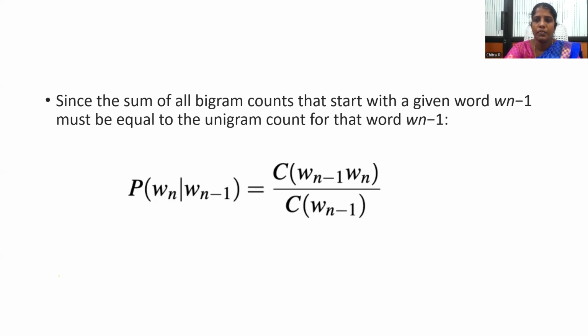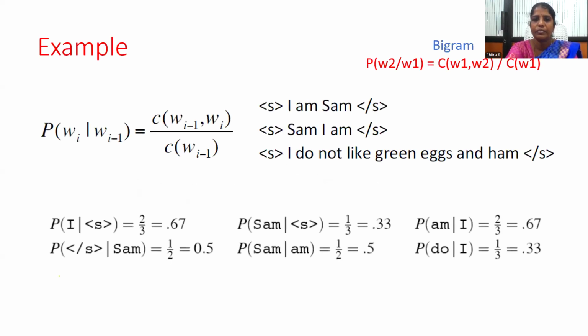That is the probability of the current word given the previous word: the count of the combination of the previous word and this word, divided by the count of the previous word. This is the way you should find the probability. Whichever has the higher probability will appear next to the particular word.